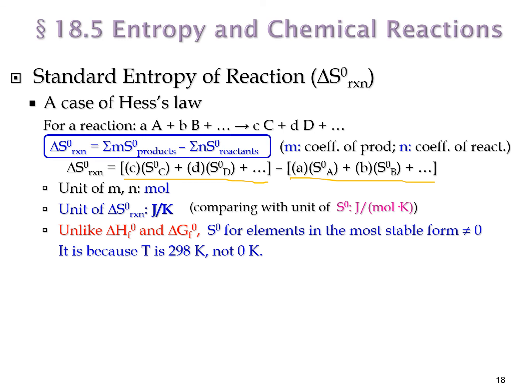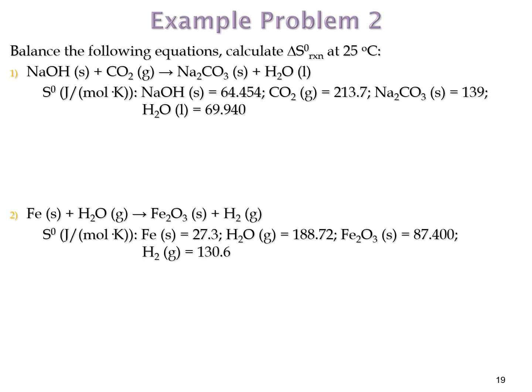Again, one thing that we need to recognize is the application of Hess's law on entropy. The last slide of this section of the lecture is to go through our example problems to understand a little bit more about how we're going to use Hess's law to calculate the standard entropy change of the reaction.